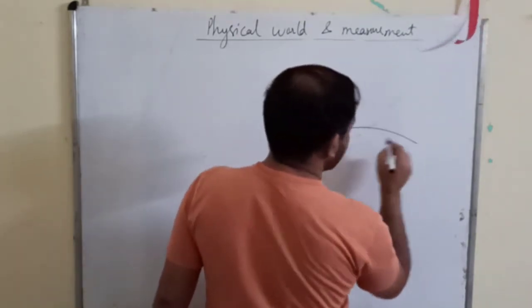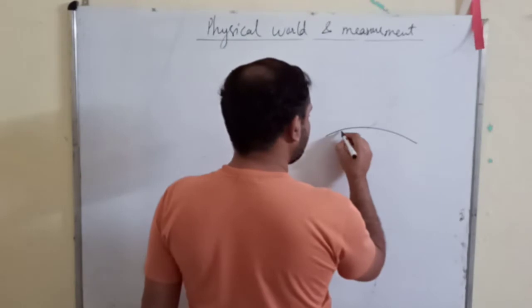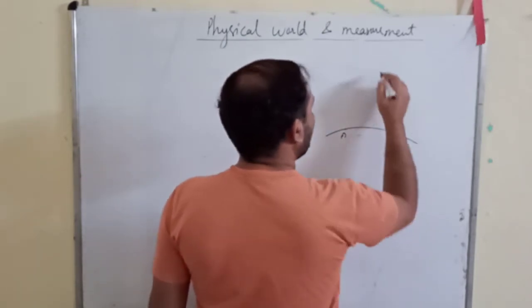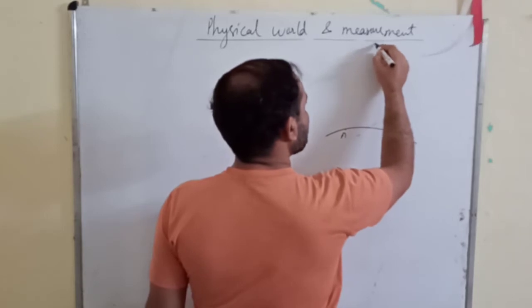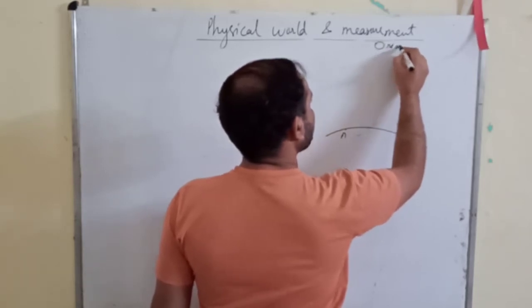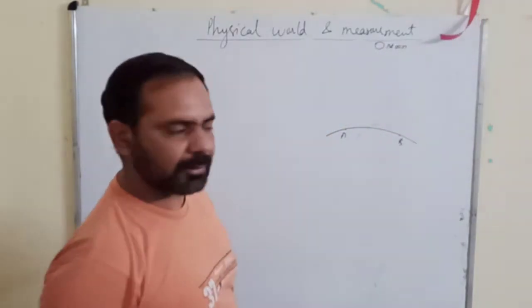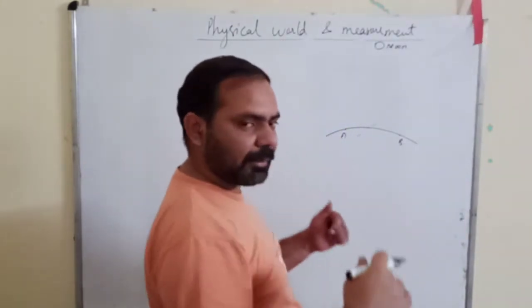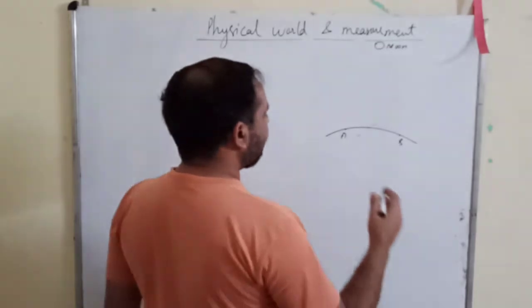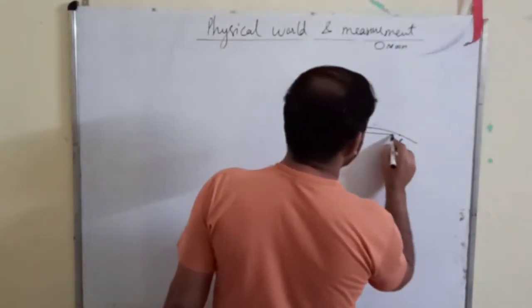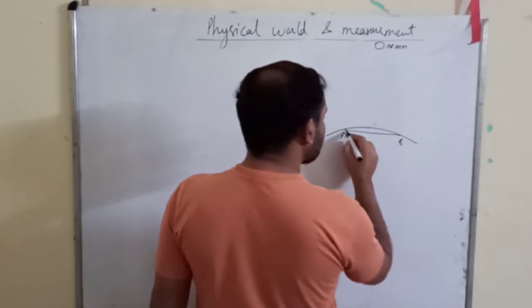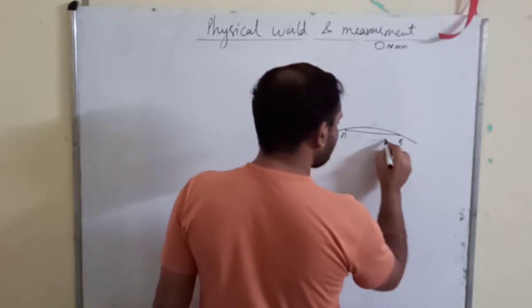Suppose this is Earth. Now from two different points on the Earth, suppose A and B, we want to find out, suppose, the distance of the Moon from the Earth. Then we choose 2 points on the surface of Earth and we measure the distance between the 2 points. This distance will be approximately equal to this distance.